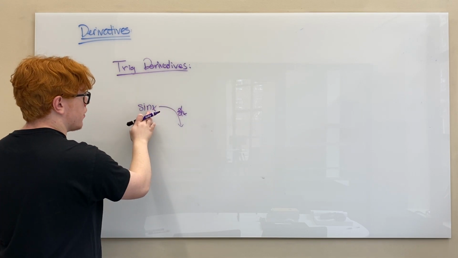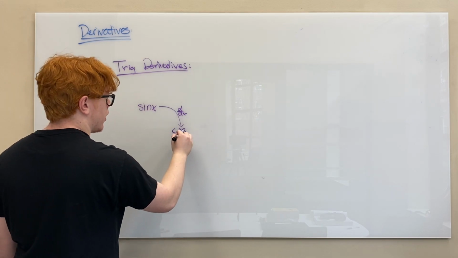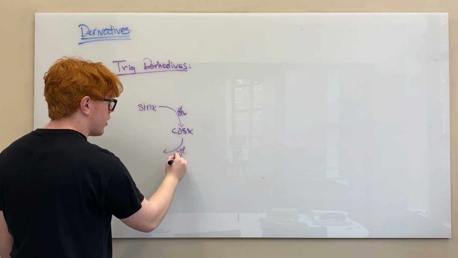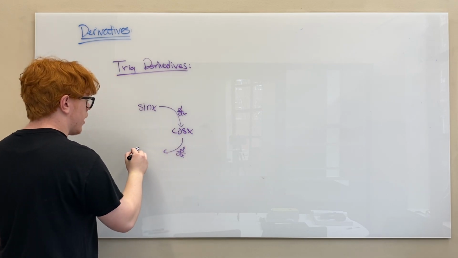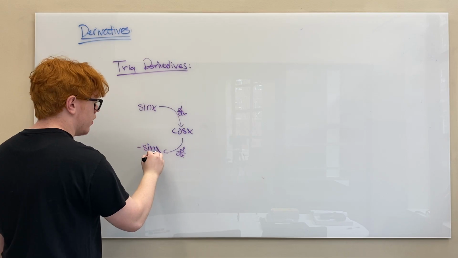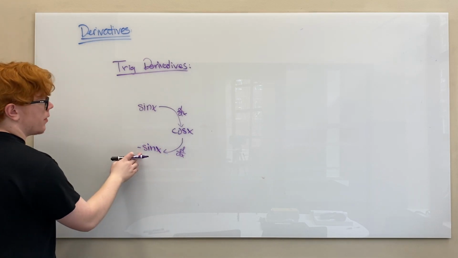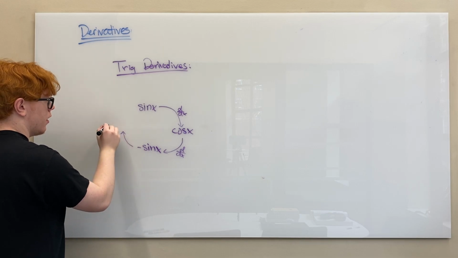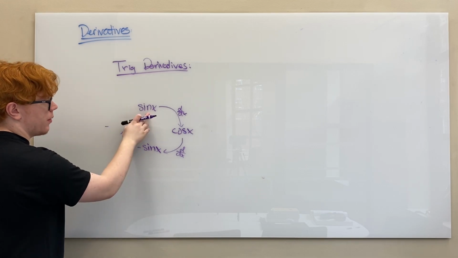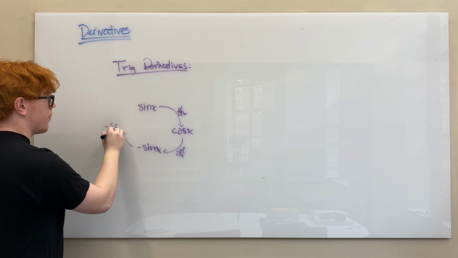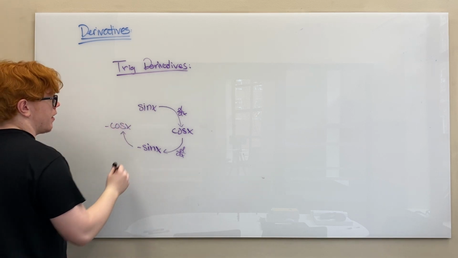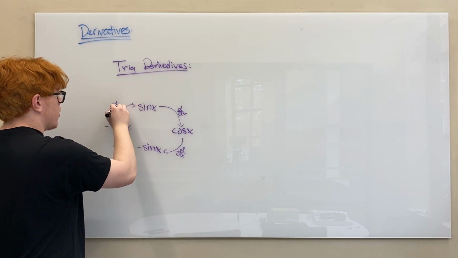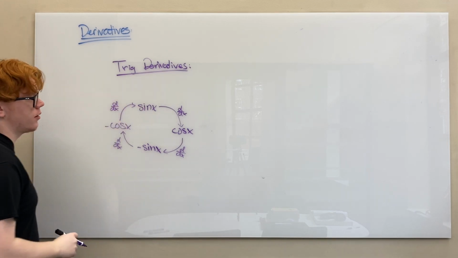So if you take the derivative of sine of x, you get cosine of x. If you take the derivative of cosine of x, you're going to get negative sine of x. And if you take the derivative of negative sine of x, that's going to be negative times the derivative of sine of x, so it's going to be negative cosine of x. And then similarly, if you do it one more time, you get back to sine of x.